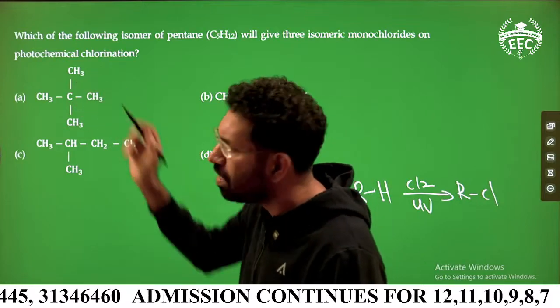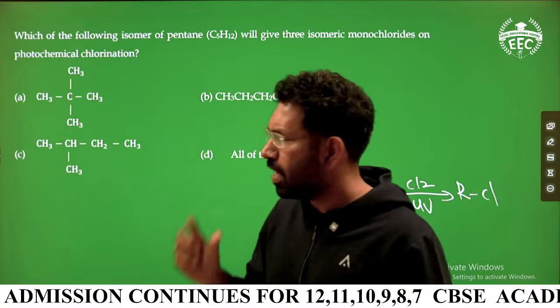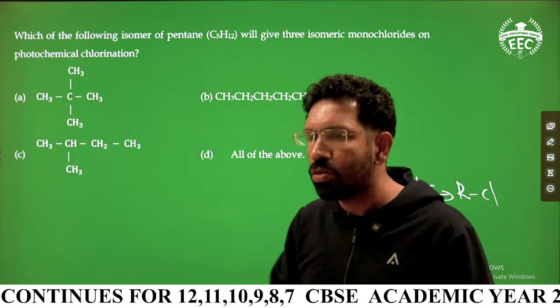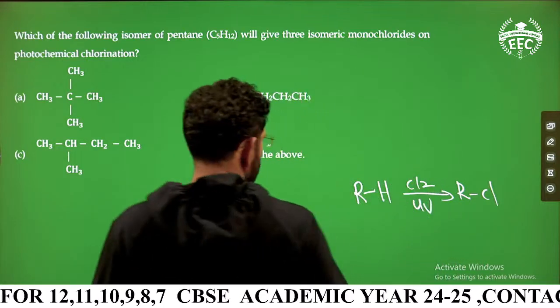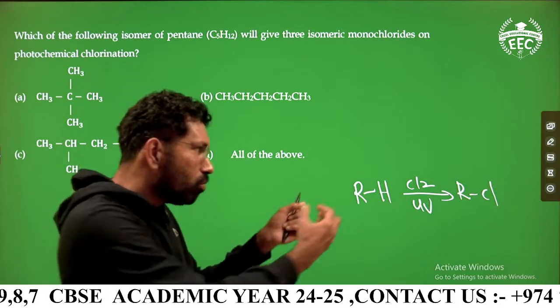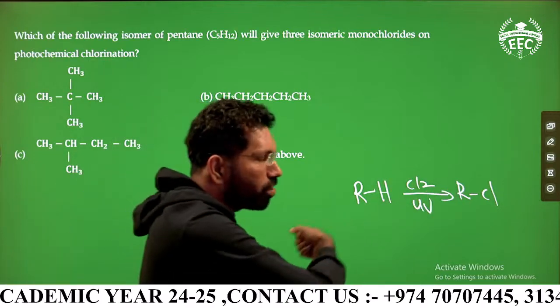So compound A will give a single monochloro product. In board exams, sometimes they ask which of the following will give a single monochloro product upon chlorination. This is an alkane; on treating with chlorine in presence of UV, we remove hydrogen, using a screwdriver, and fit chlorine over there.